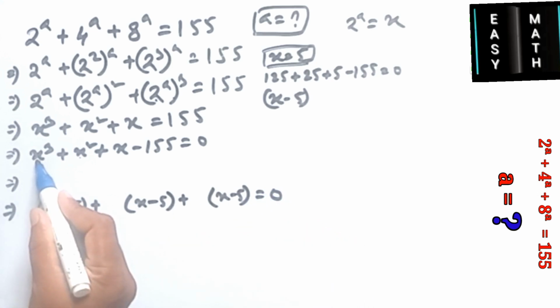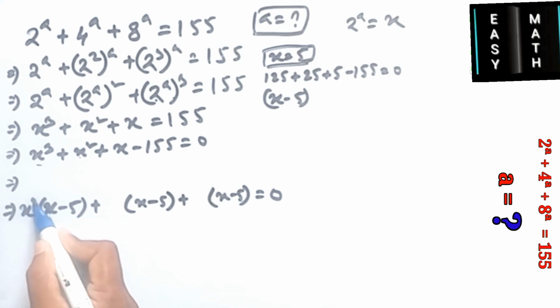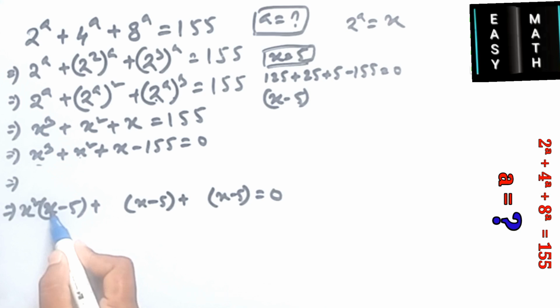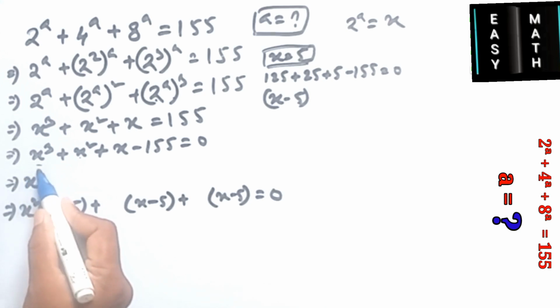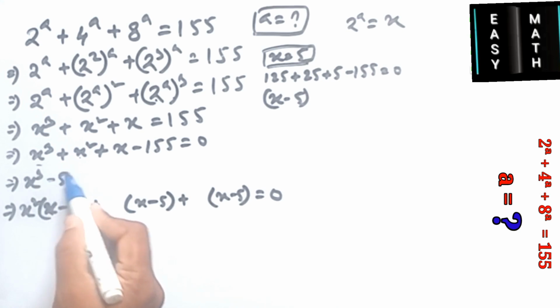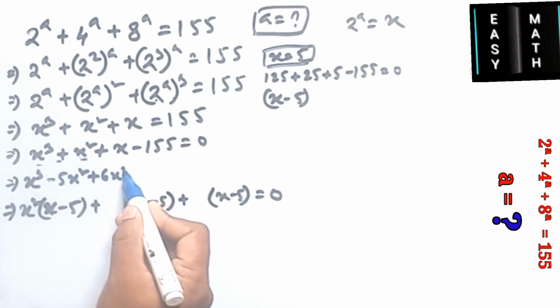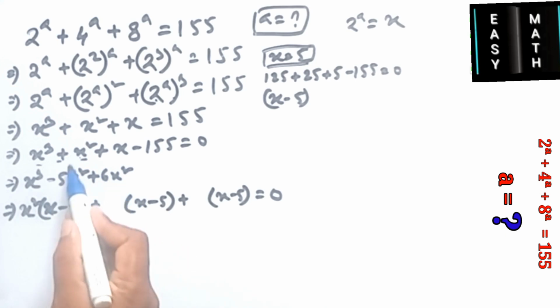And now this is x cube, and this is x, so multiply with the x square. So x square and x, this is the x cube, and this is minus 5 square, and there is the plus 5, so we can write plus minus this.